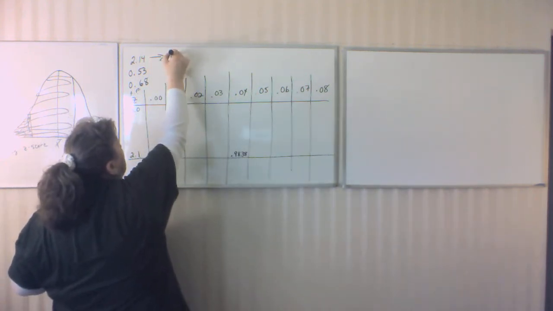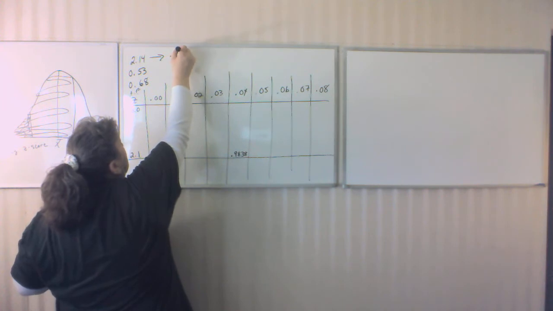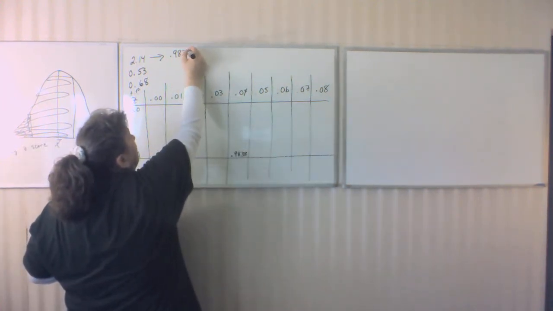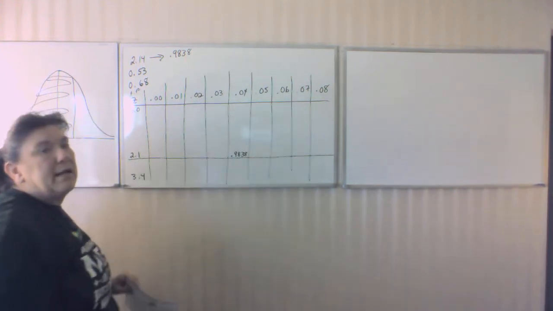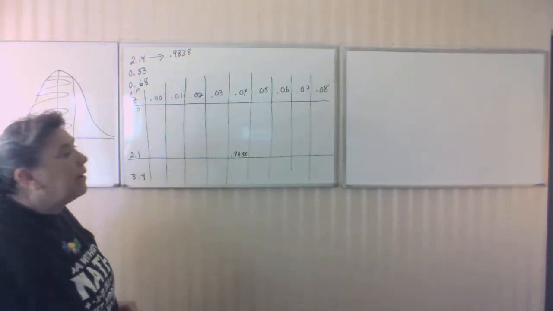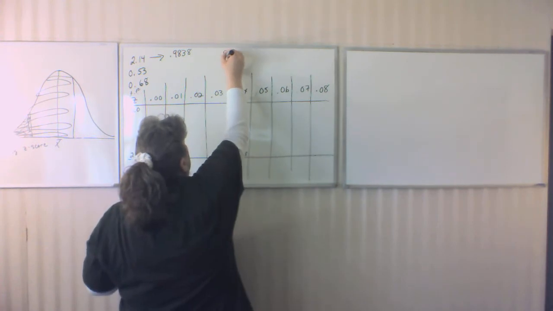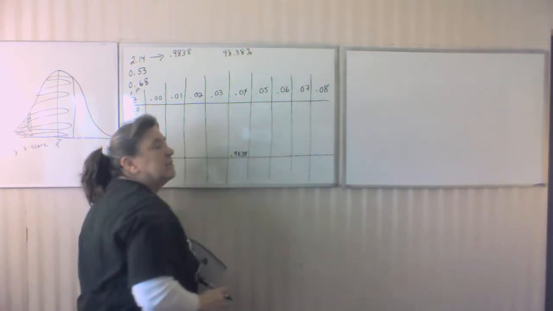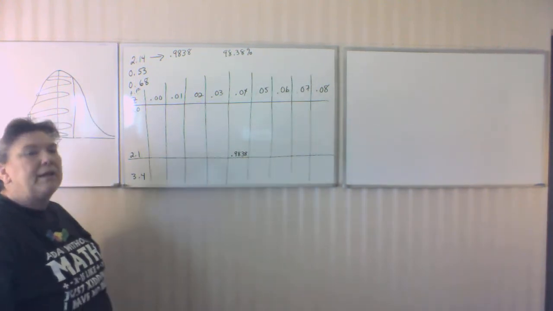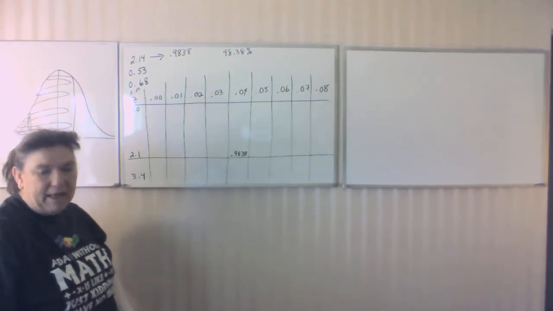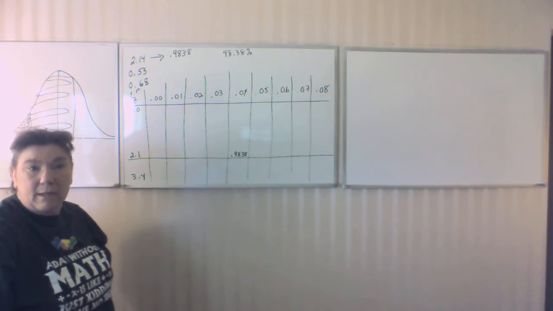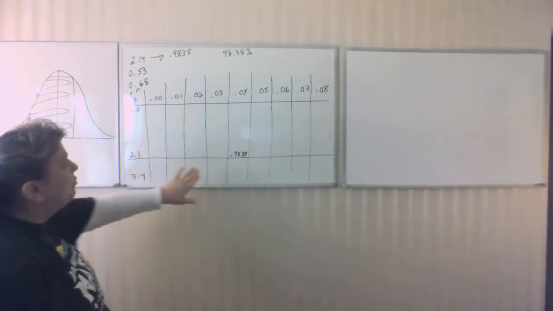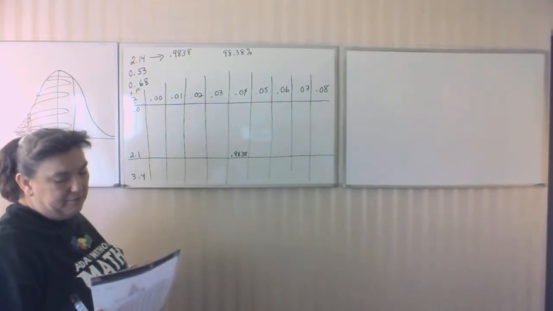So my probability of someone doing less well than I did is 0.9838, or I have a 98.38% chance of doing better than all the others in the class. Okay? So that's the probability figure that comes out of this.